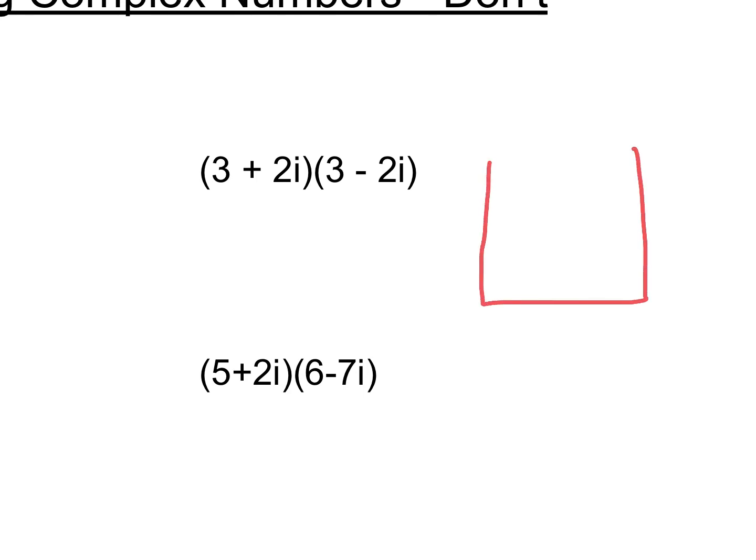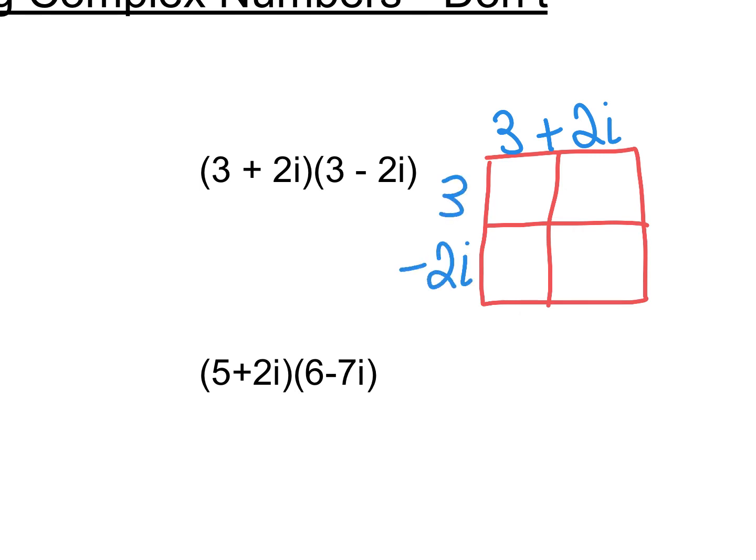So I'm going to put my box over here, and I'm going to have 3 plus 2i across the top, 3 minus 2i on the bottom, and then we're just going to multiply like we have before. 3 times 3 is 9. 3 times 2i is 6i. 3 times negative 2i is negative 6i. And negative 2i times positive 2i is negative 4i squared.